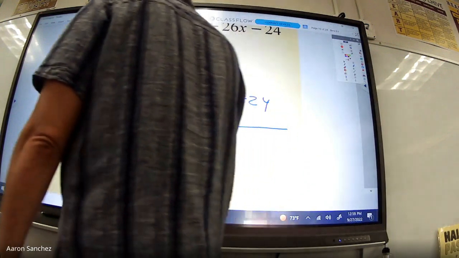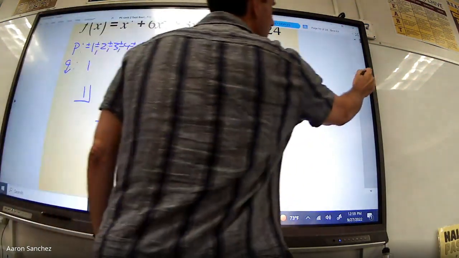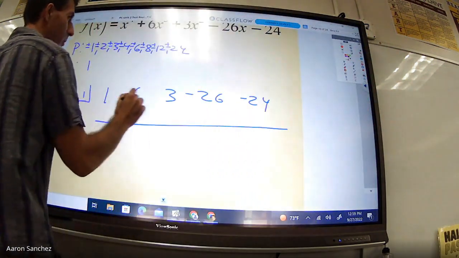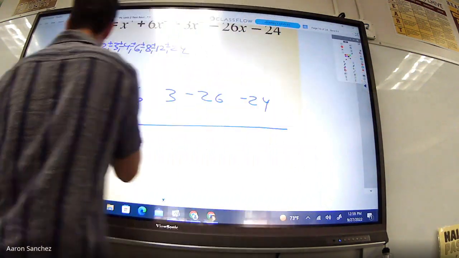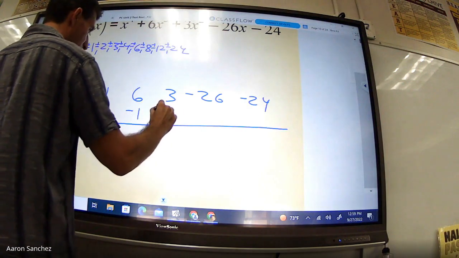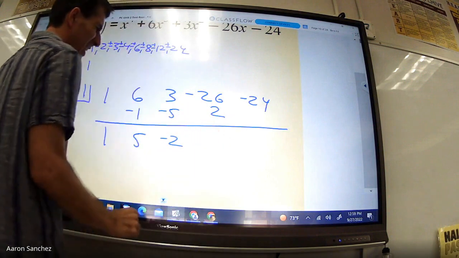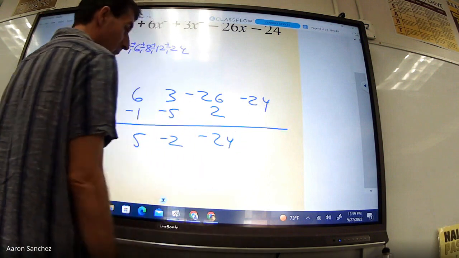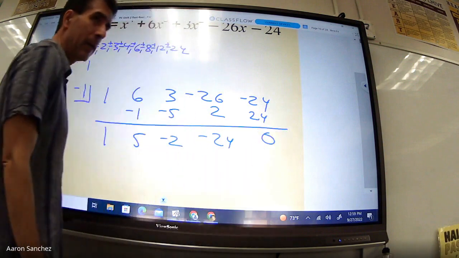Try negative 1. A little cumbersome, but nonetheless. Let's try -1. Let's try that again. -1, 1, -1, 5, -5, -2, 2. -26 plus 2 is -24. -1 times -24 is, right?